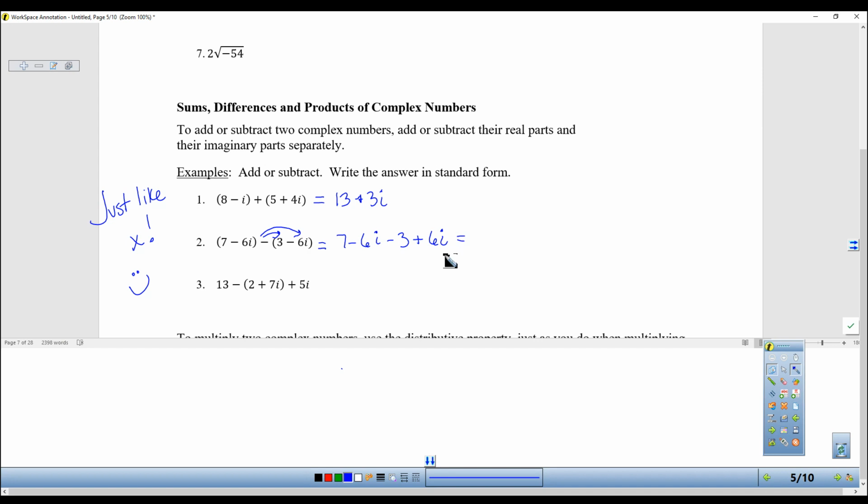But this step allows me to give you partial credit if you just add wrong. And you get 4. You don't have to write 0i. Just like an x, it just goes away. Again, I personally would take the 10 seconds to rewrite this step so that you can then get it correct after that. So numbers with numbers and i's with i's. So adding and subtracting is super easy.